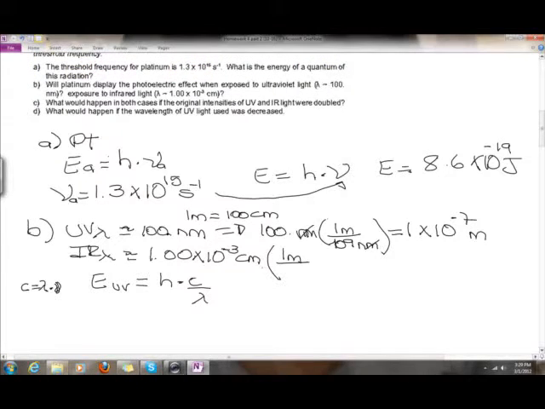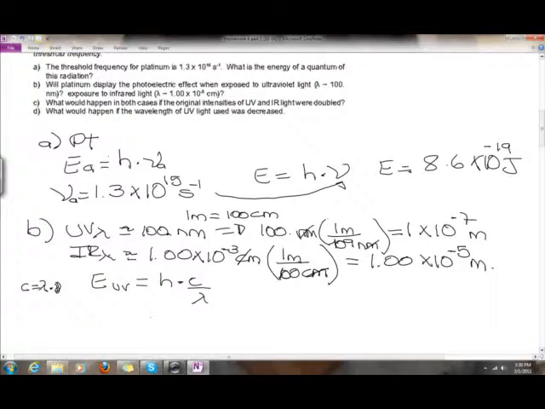It would be 1 meter divided by 100 centimeters. That's the conversion factor. We cancel out centimeter, and it's going to be divided by 100. So it's going to be 1 by 10 to the minus 5 meters.